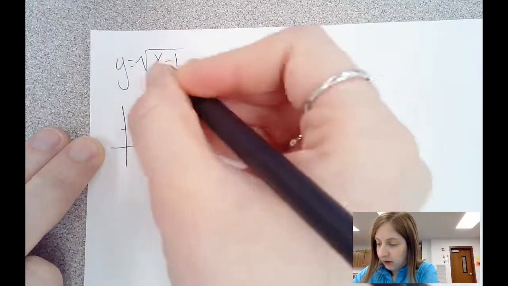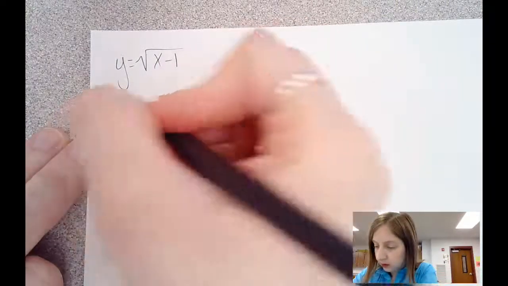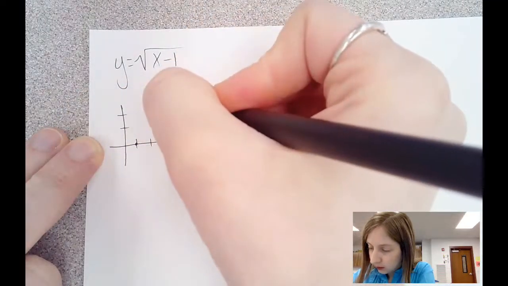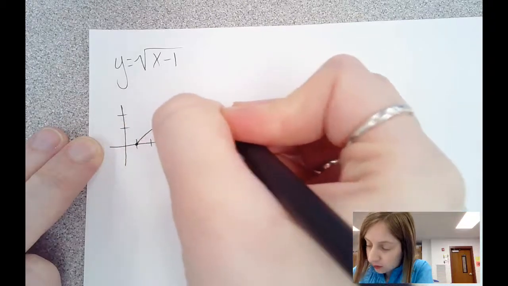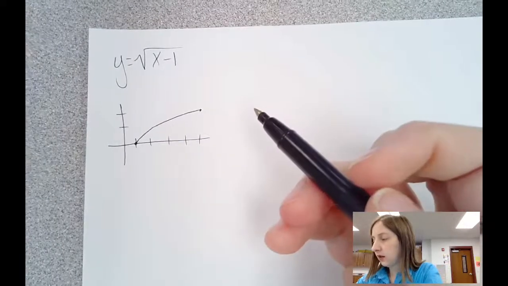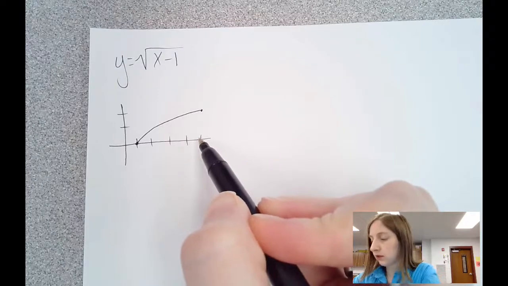So 5 minus 1 is 4. Square root of 4 is 2. So when x is 5, y is 2. So that's right there. It's going to look kind of like that. So we're going to find the length from x equals 1 to x equals 5. That's where it tells us to stop.